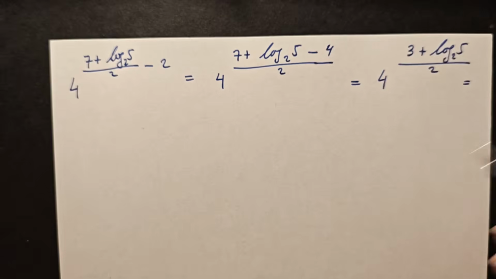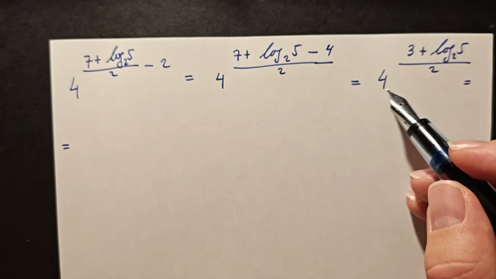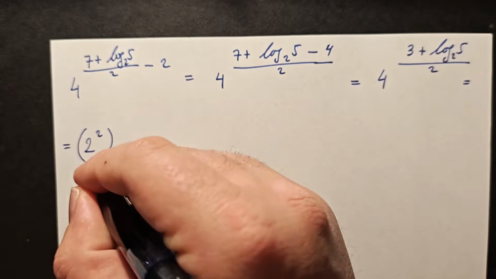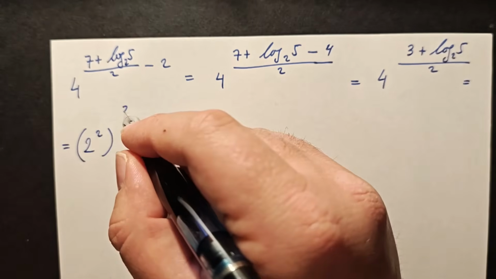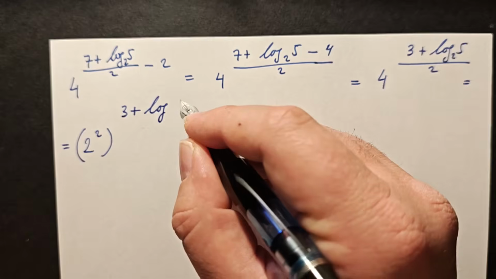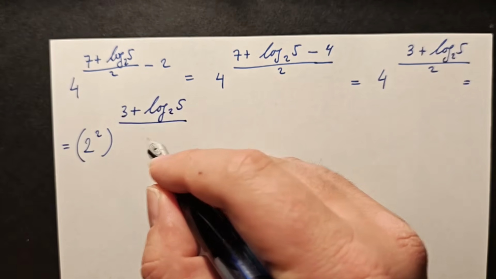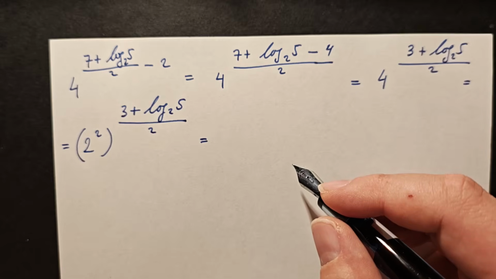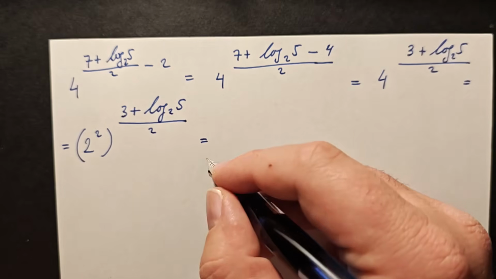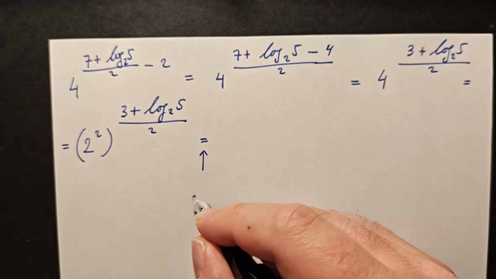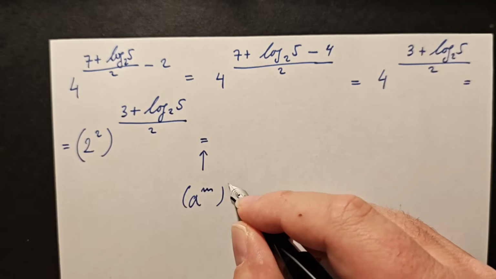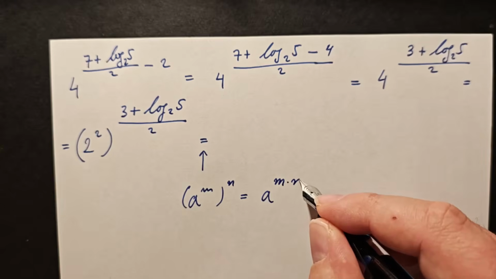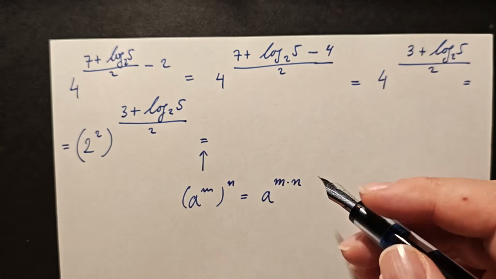This is then equal to, we can represent number 4 here as 2 squared, and that is going to be raised to the power of 3 plus logarithm of 5 for the base 2 divided by 2. Here I am going to use the properties of exponents. So the properties of exponents are a to the power of m to the power of n is equal to a to the power of m multiplied by n.